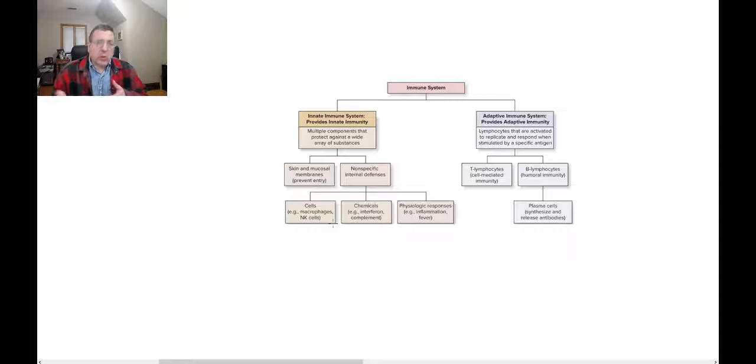So this one we're going to talk about adaptive immunity. Adaptive or specific immunity is very specific to a certain antigen, okay? And so it's not looking at anything else but a very, very specific antigen. Now, when you're looking at adaptive immunity, it's a little bit slower.